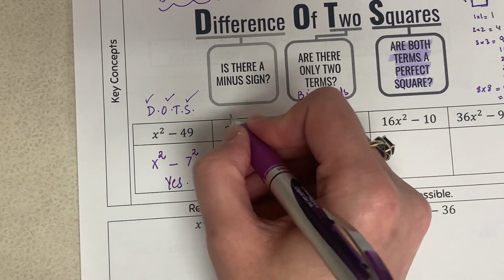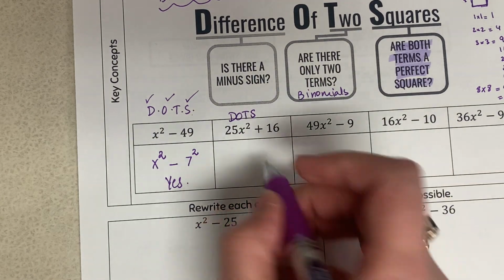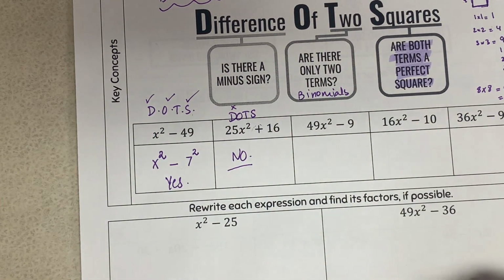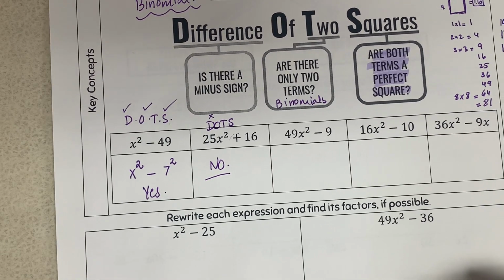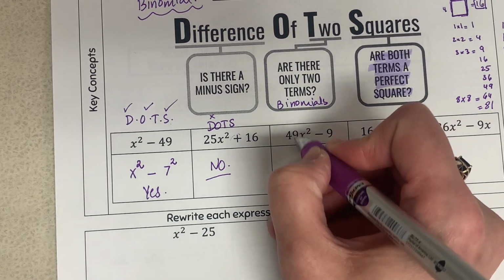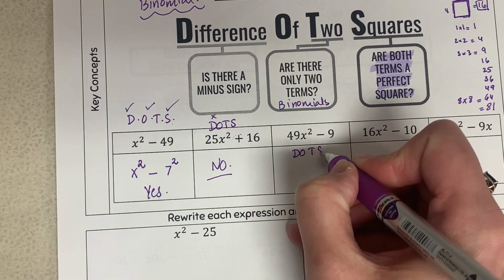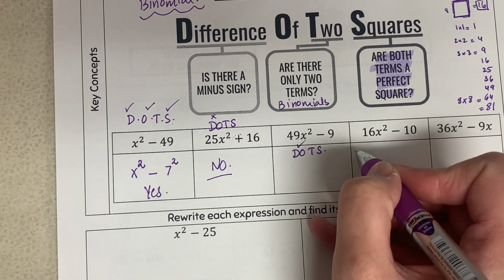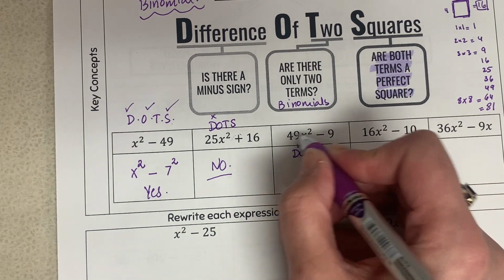Let's try the other one. I'm just going to write DOTS so I can check. Is it a difference? No. It's not going to work here. It failed. Let's try this one. Difference? Yes. Of two terms? Yes. Are these two perfect squares?